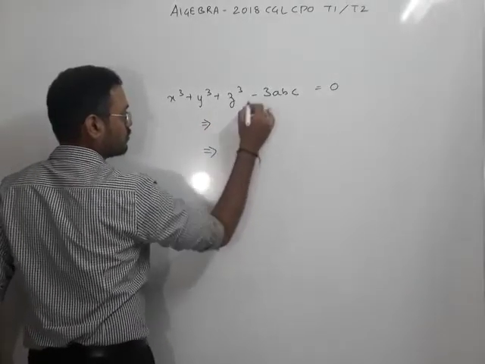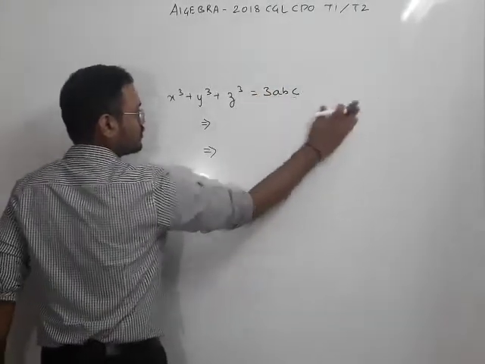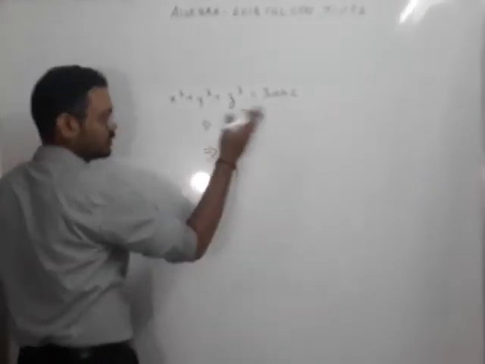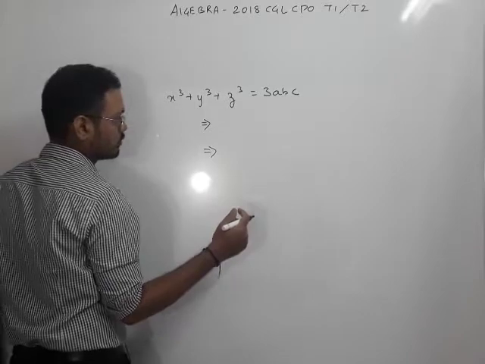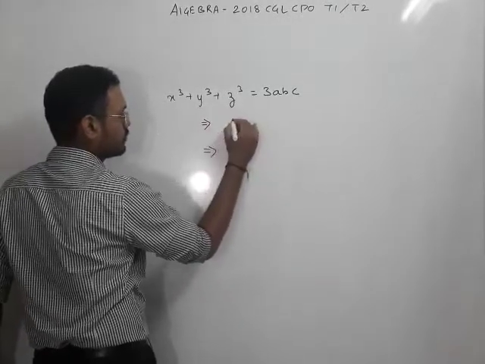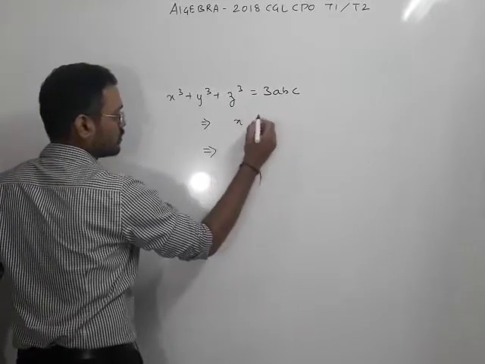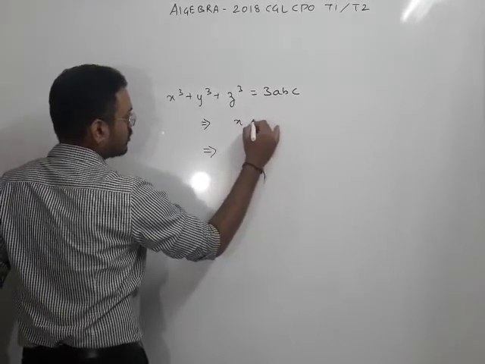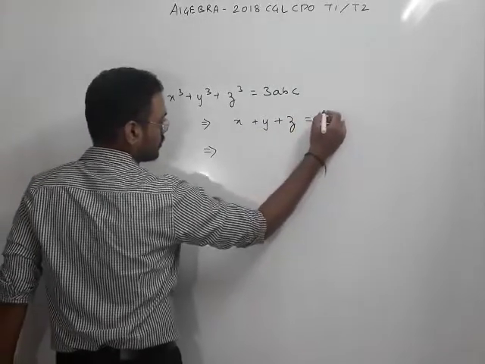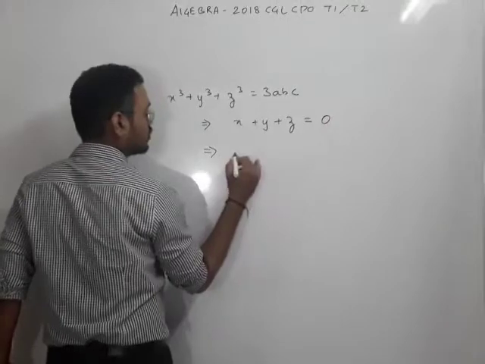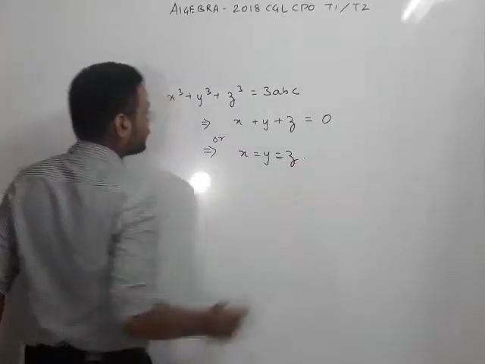Either it is given as 0, or it is given as 3abc. Okay, it also means the same. It will go that side, and if this is given, it means x plus y plus z is equal to 0, or x is y is z.